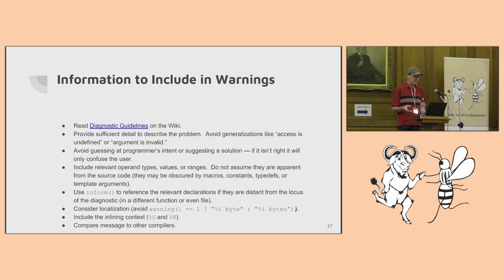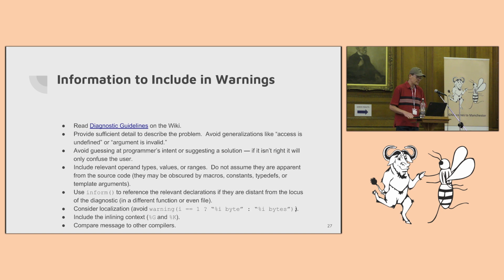Use the inform call to reference relevant declarations rather than simply pointing to the expression that triggered the warning. The relevant declaration, for example, if the warning is operating on an array, might be far away from the point of the function call or access to the array that you're trying to diagnose, and it may not be obvious to the user what about that declaration is triggering the warning.